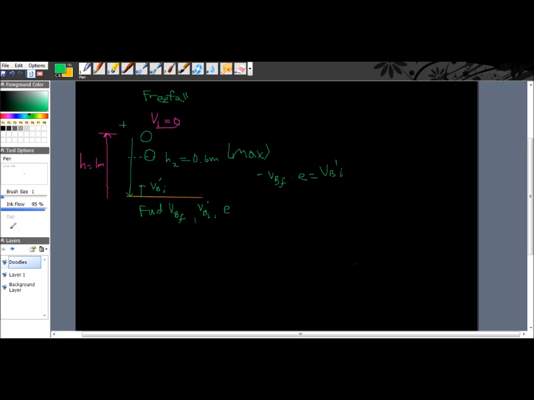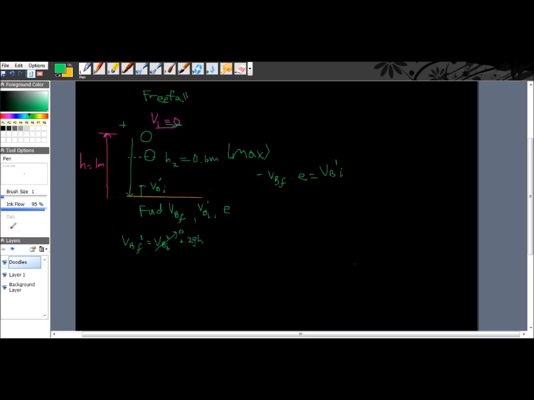Okay, so VBF squared, just from kinematics, is equal to VB I squared plus 2gh. We know that the initial velocity of the ball is 0, because it's given to us. So we can put that away.